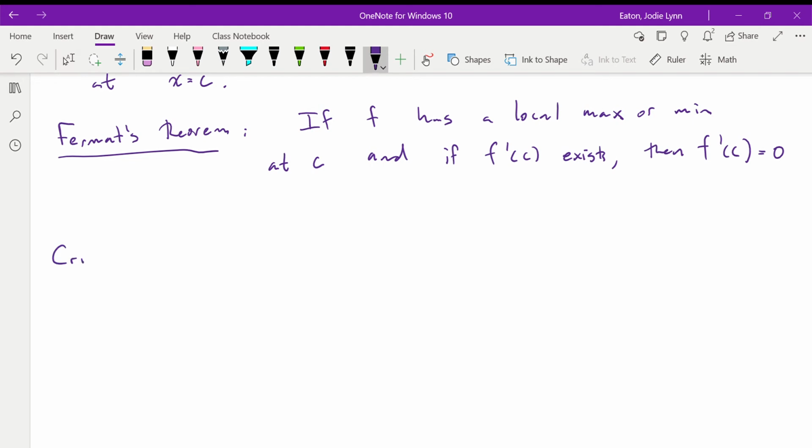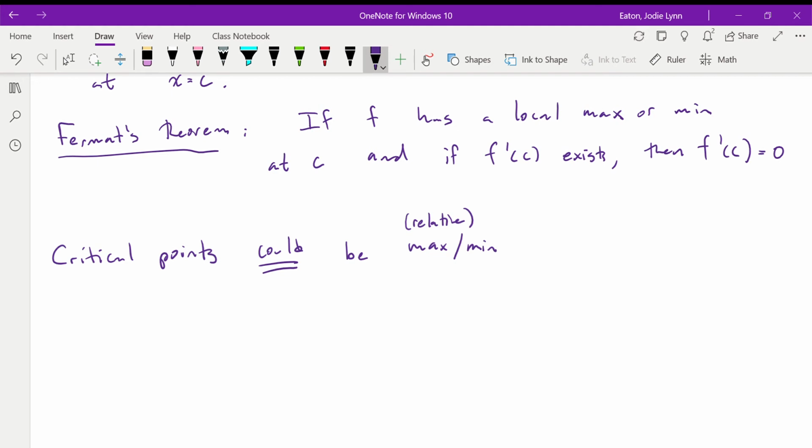or there's not a local maximum or minimum at that point. So critical points, as we said, were where f prime of c equals 0 or f prime of c doesn't exist, could be maximums or minimums, a relative max or min, or potentially an absolute maximum or minimum, depending on what the rest of the function does.